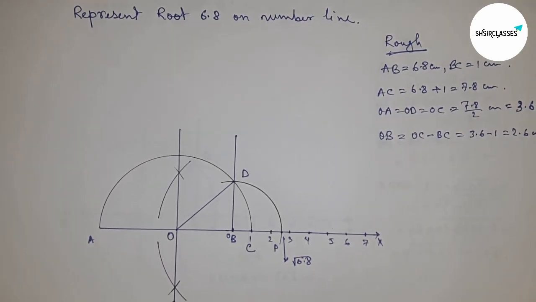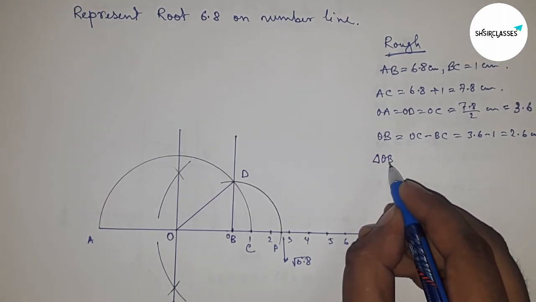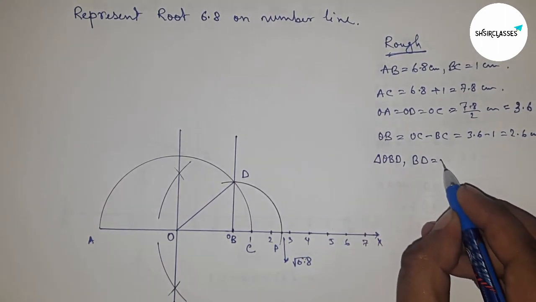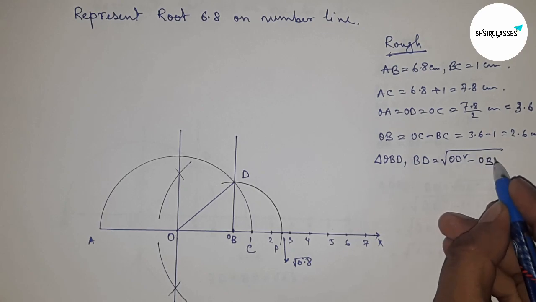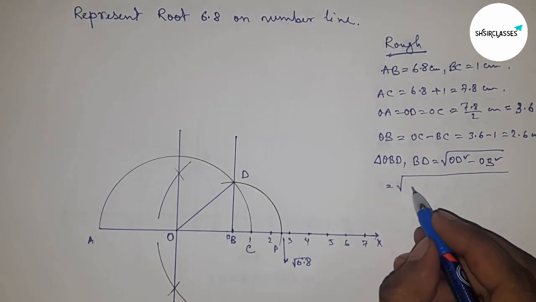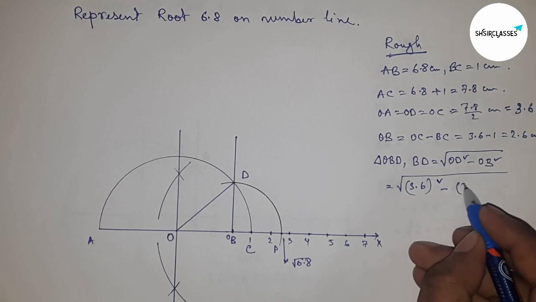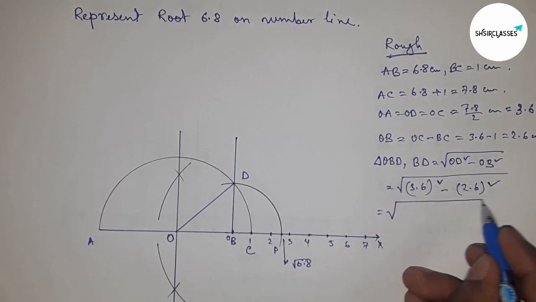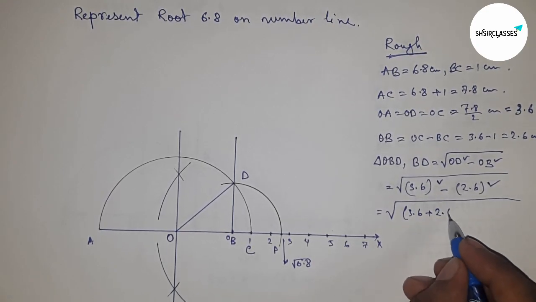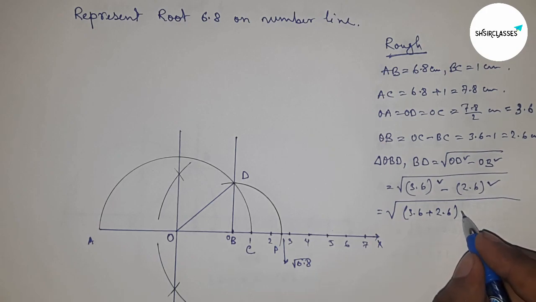Next, in right angle triangle OBD, we can write BD equal to root over OC square minus OB square. So putting the value of OC and OB and applying the formula a square minus b square equal to (a plus b)(a minus b).